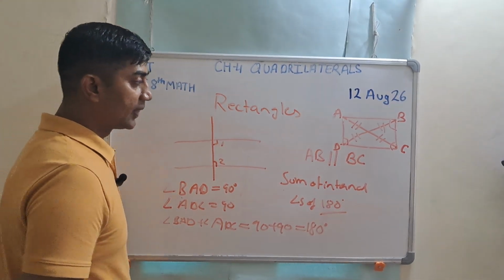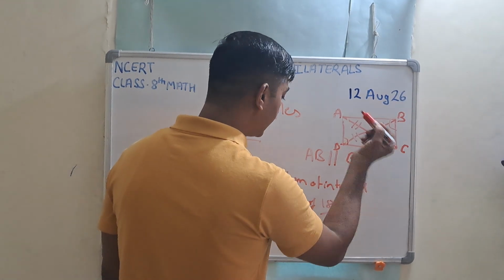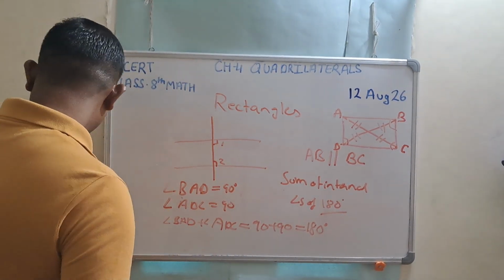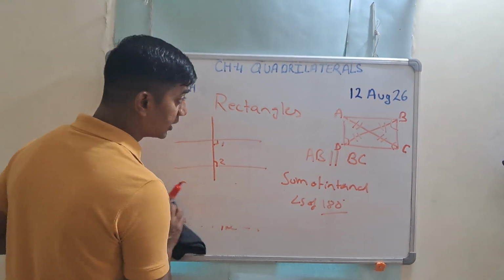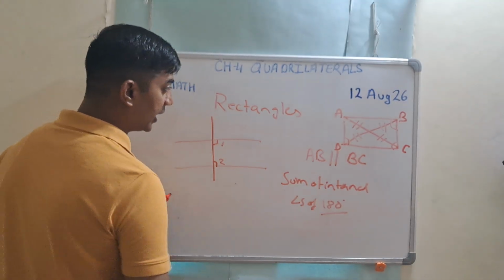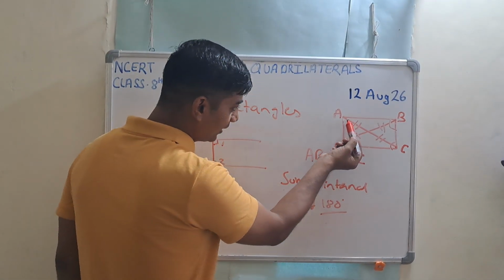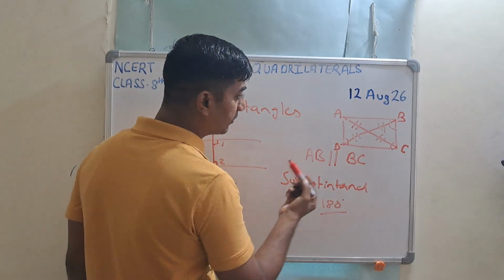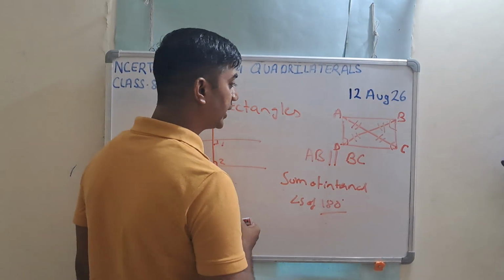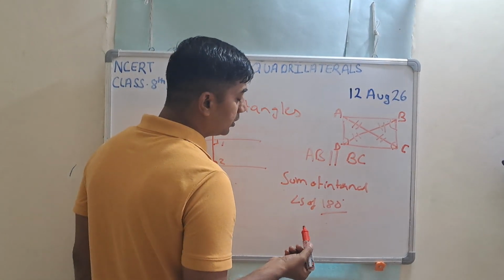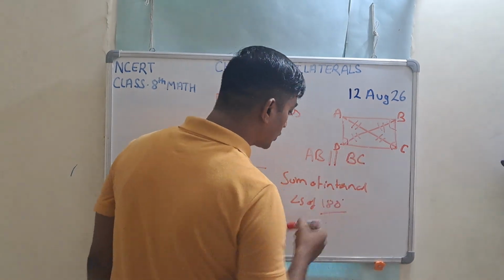In the same way, when we see AD and BC, understood? The same way we can prove that AD and BC are also parallel. Why? When we see AD and BC, the internal angle is this one and the other internal angle is this one. Taken together, this is also 90, this is also 90 and their sum is 180, which tells us that AD and BC are also parallel.